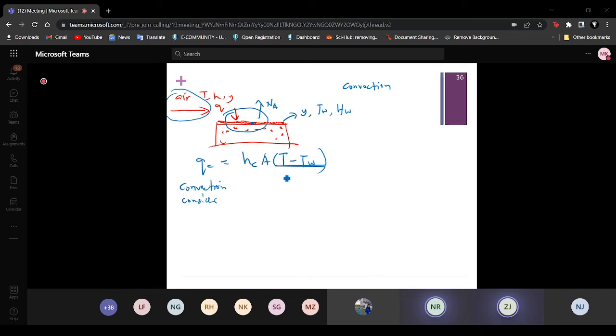So this is the driving force. For heat transfer, the driving force is temperature difference. Alright, so this is the energy, the Q, the heat for convection, with the heat transfer coefficient. Everyone already knows this.